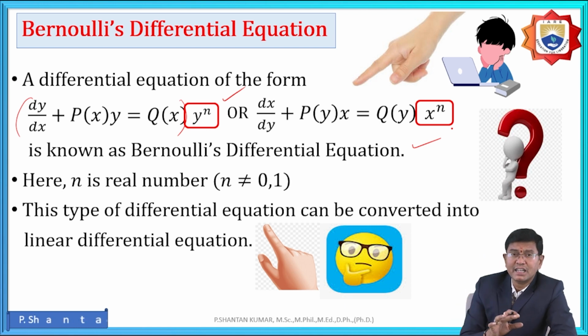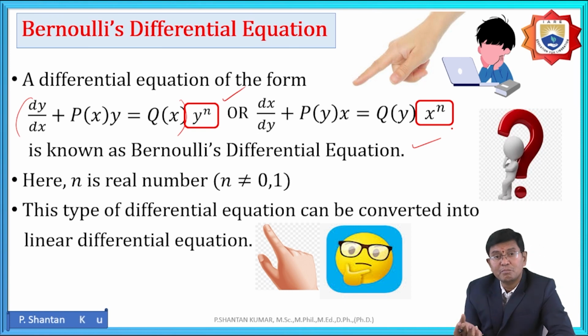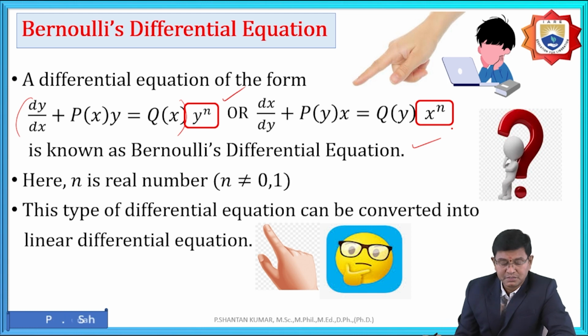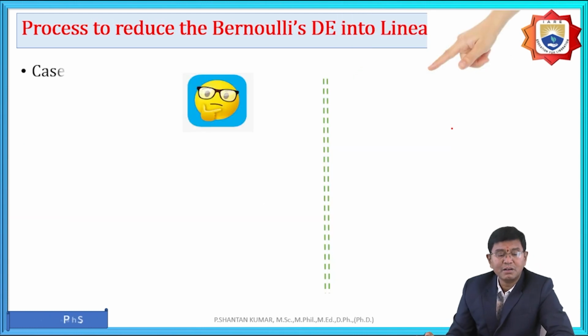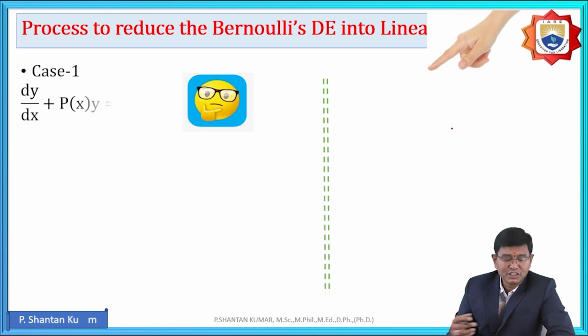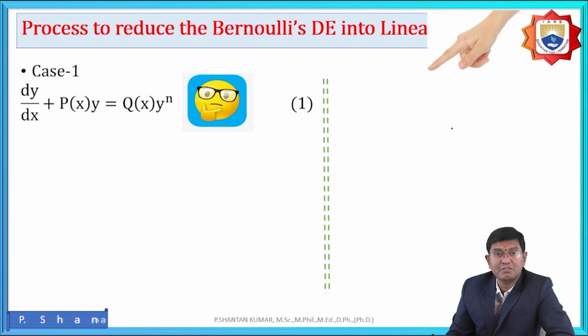Same like that, if it is not exact, we need to change it to exact. And here also, if it is not linear, that is called Bernoulli, we need to convert it to linear and find the solutions. What is the process to reduce the Bernoulli equations? First of all, the equation is dy by dx plus py is equal to q into y power n.